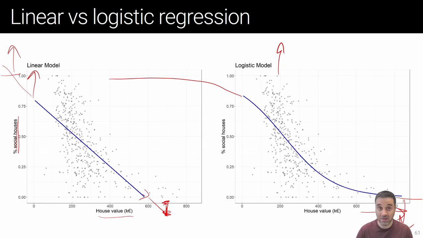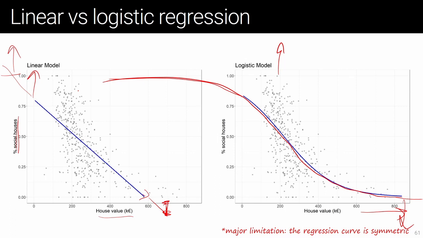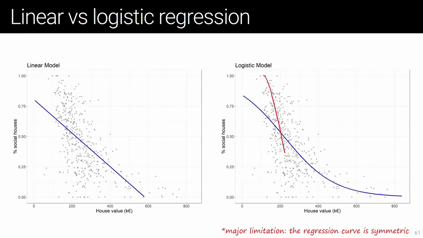This is by design in the logistic model. By the way, here's a major limitation of the regression curve in the logistic regression case, and that is that this S is symmetric. Ideally the model should have been something like this. But that's another issue. Maybe we have to talk about transformations.